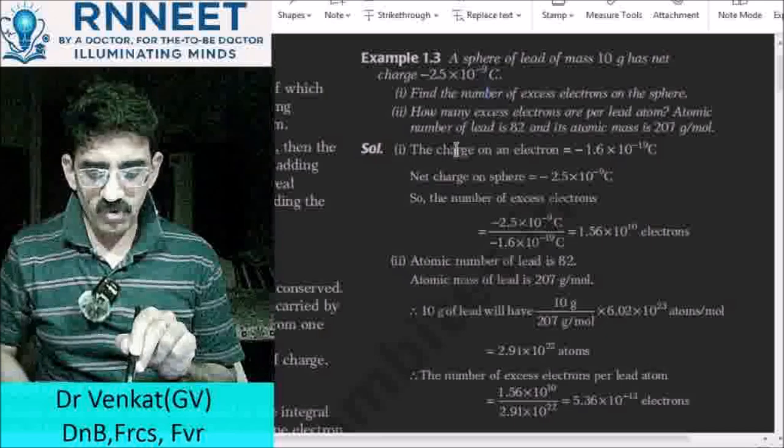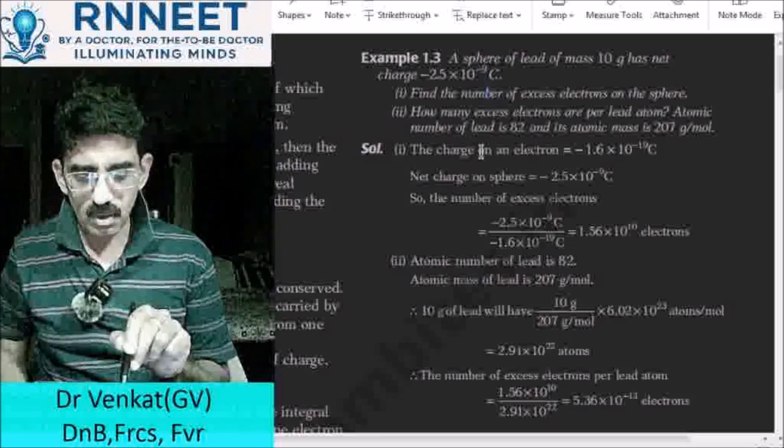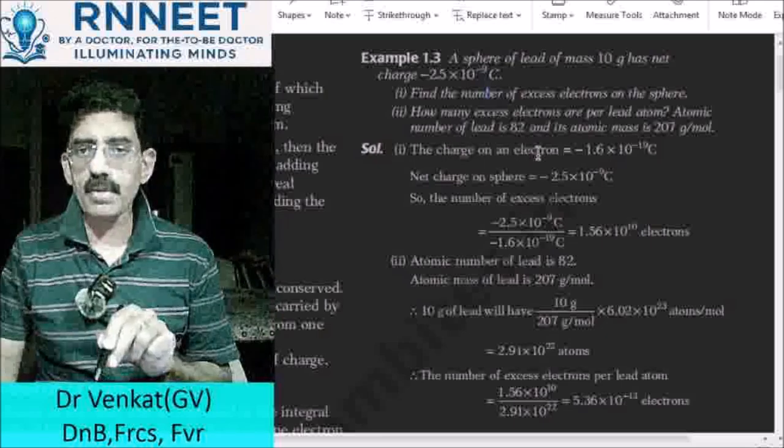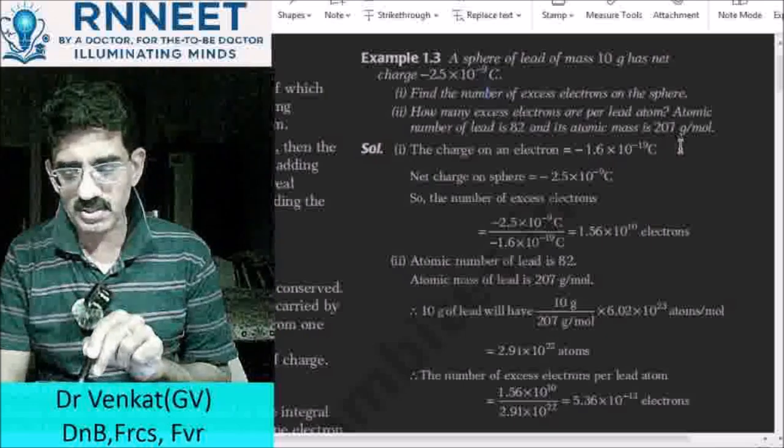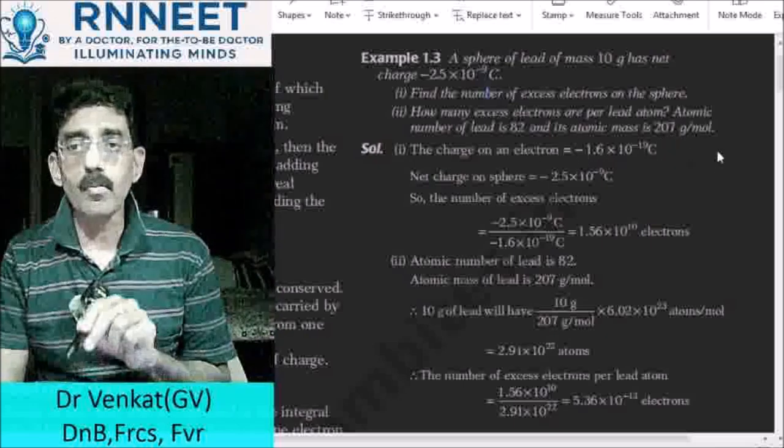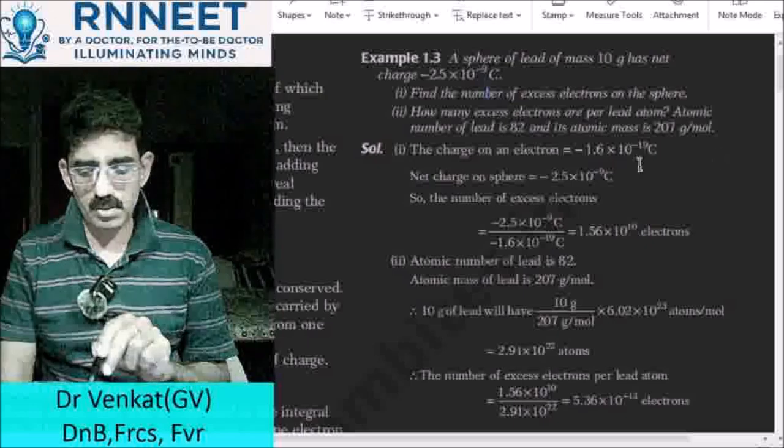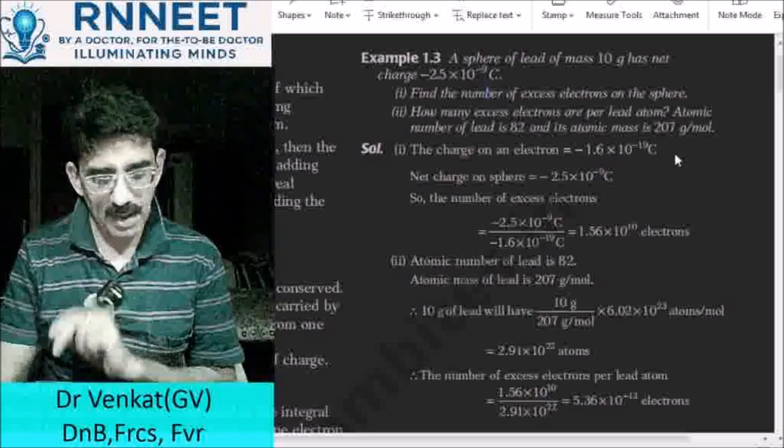The atomic number of lead is given as 82, and its atomic mass is given as 207 gram per mole. So 1 mole of the substance will have 207 grams.